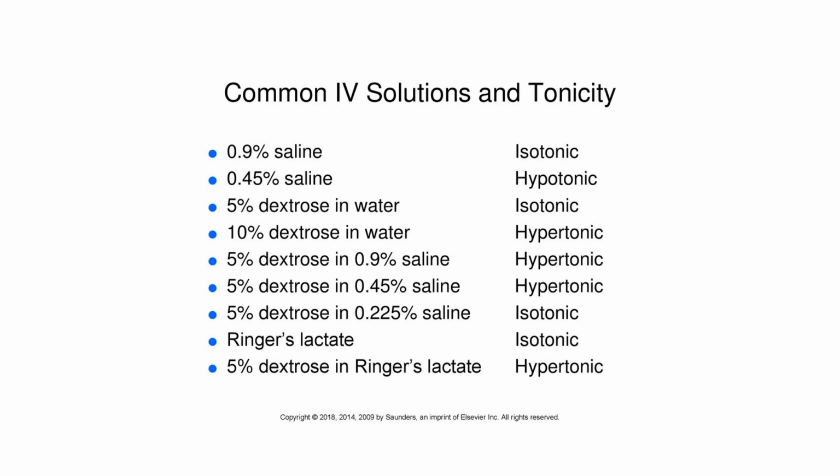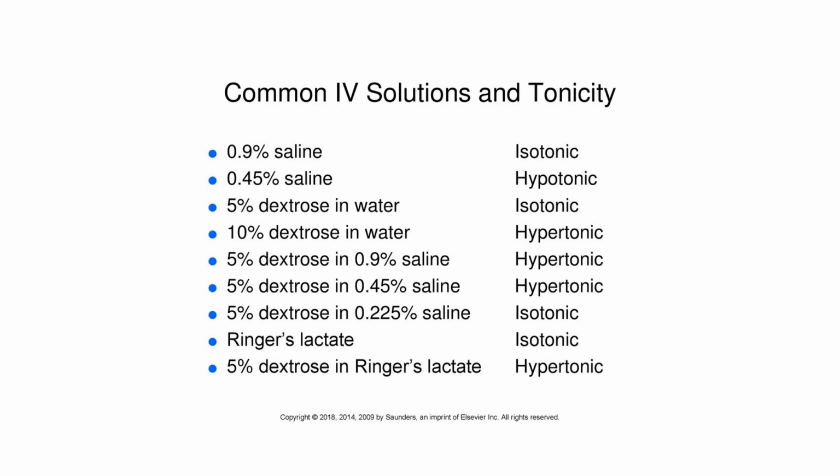0.45% normal saline, which is one half normal saline, is sometimes used. Say someone has a very high sodium level of 160 and you want to gradually bring it down into the normal range, we could use half normal saline, since it'll have half the sodium concentration and slowly bring down the sodium. 5% dextrose in water.